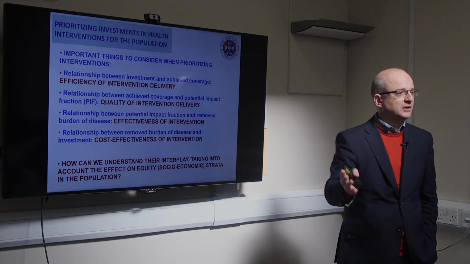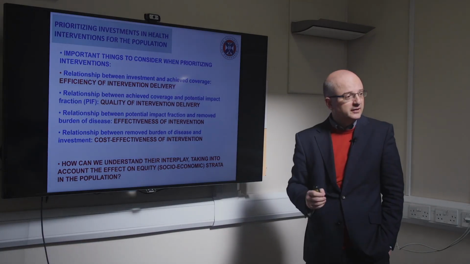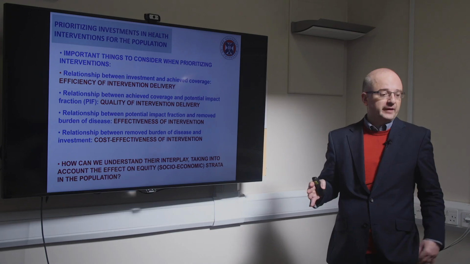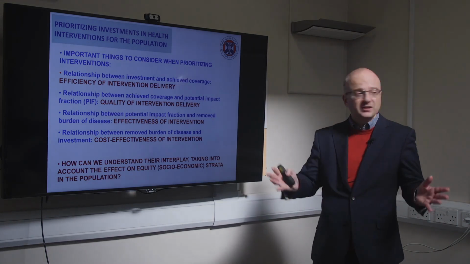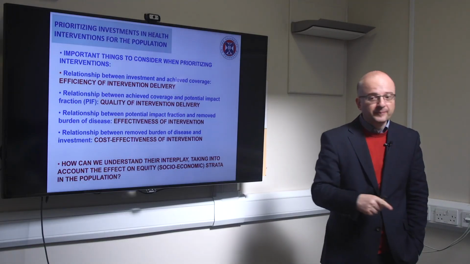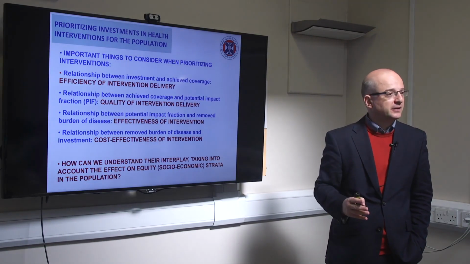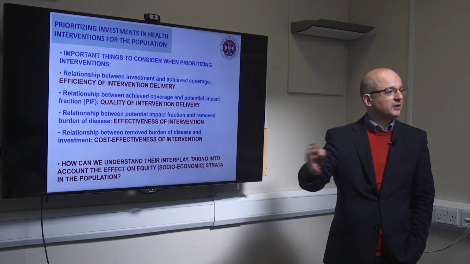How much does it cost you to cover 10%, 20%, 50%, 100% of population, right? Because for some interventions you may be very efficient and it doesn't cost much. For some interventions it costs quite a lot. And not just that, for some interventions it may cost the same to cover the whole population, no matter whether you're poor or wealthy.